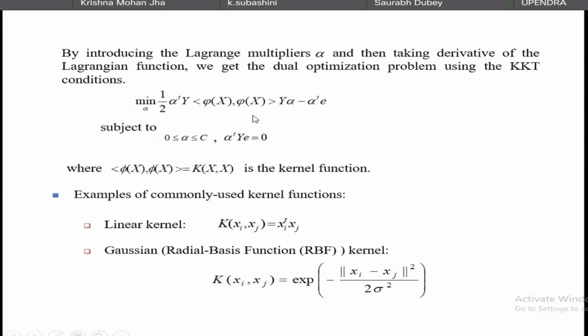There are so many kernel functions available in the literature. Most authors are using the radial basis function, or you can say the Gaussian kernel, that is given by this.